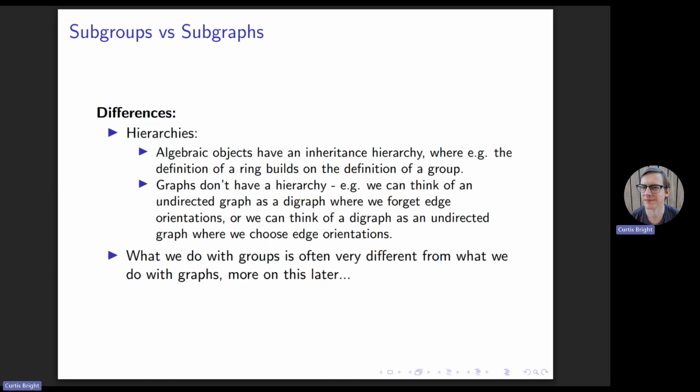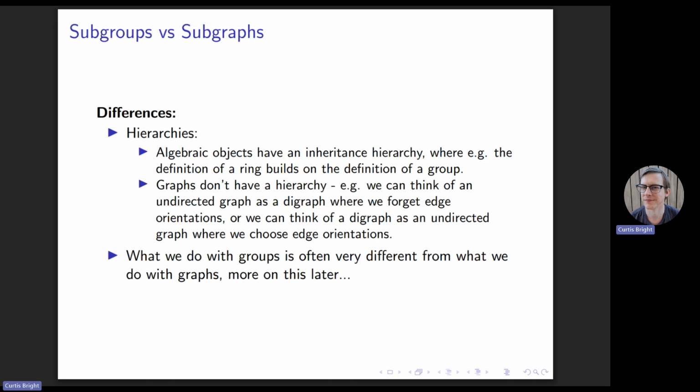Some differences between subgroups and subgraphs, or groups and graphs, are when we're talking about algebraic objects, we have that sort of hierarchy where, for example, as I mentioned, rings will build on the definition of groups. And we want to take advantage of this in our implementation. However, graphs don't have a hierarchy.